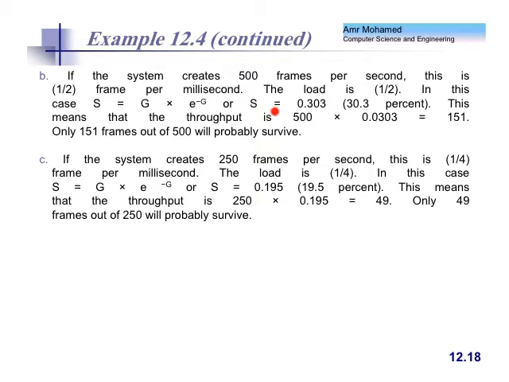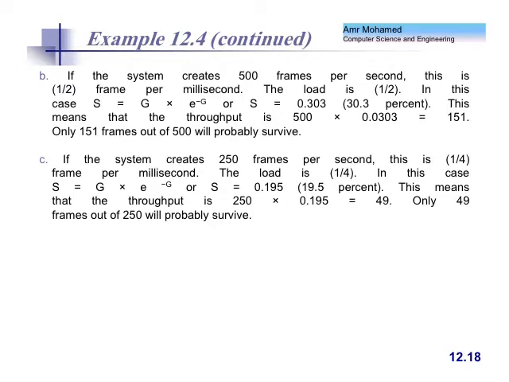If you remember, for pure Aloha, G equal 1/2 was the maximum throughput, which indicates that pure Aloha is probably good when the system is less loaded. Slotted Aloha allowed me to get the maximum throughput when the system is fully loaded. So slotted Aloha is better than pure Aloha, especially when G is more than 1/2.